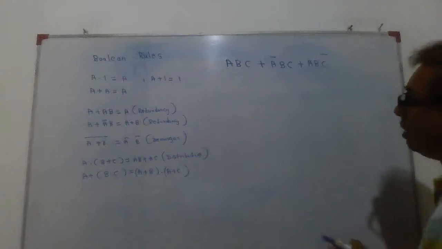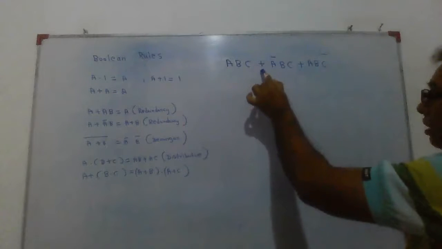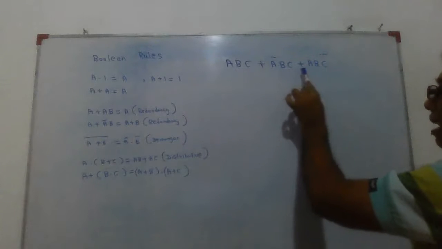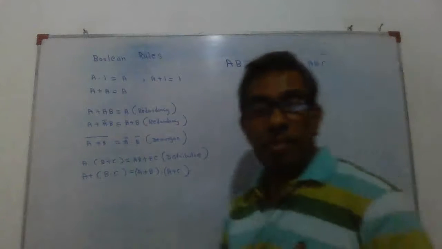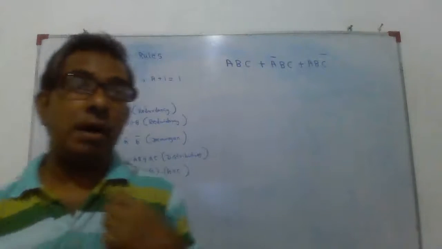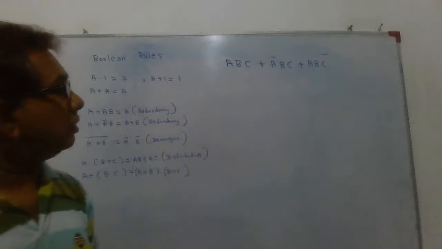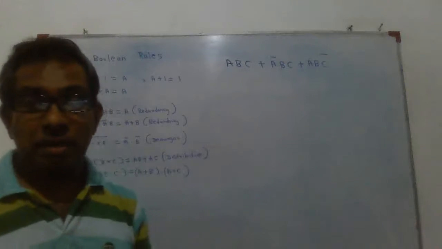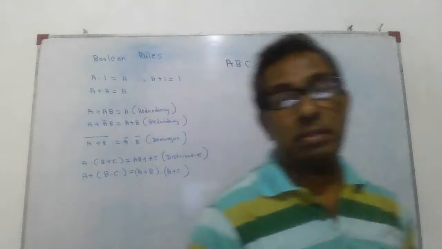If there are no such things, here we need to add them. OR and AND are the main operators. Then what you can do, you need to try to find out the common terms from the given expression. What we can do, we can take them out.